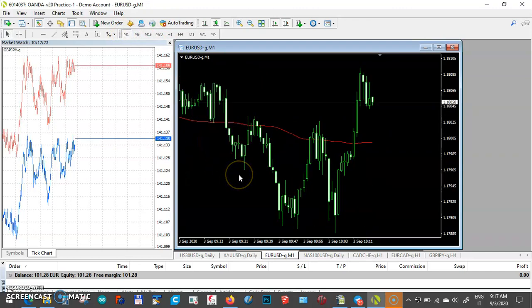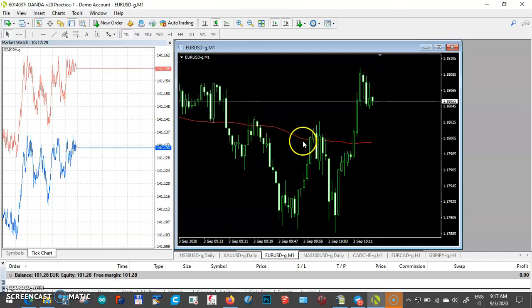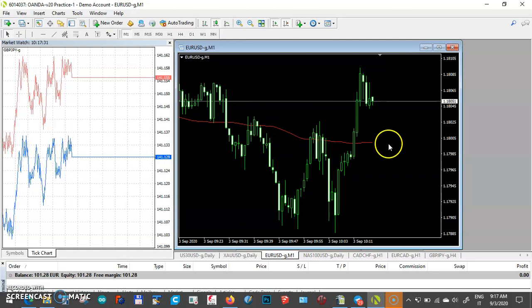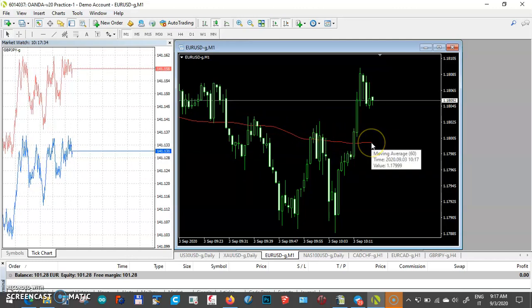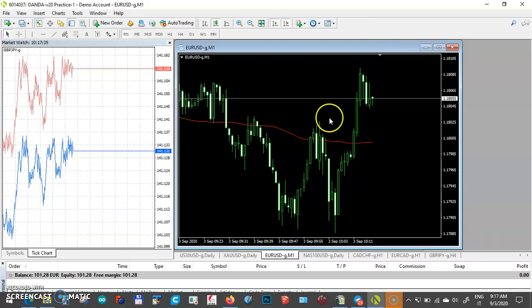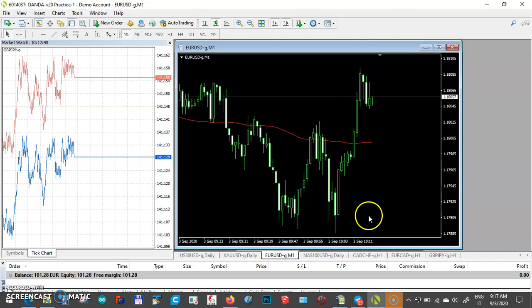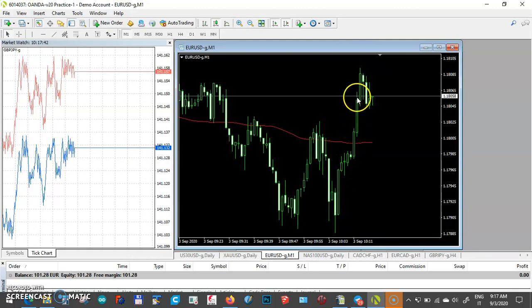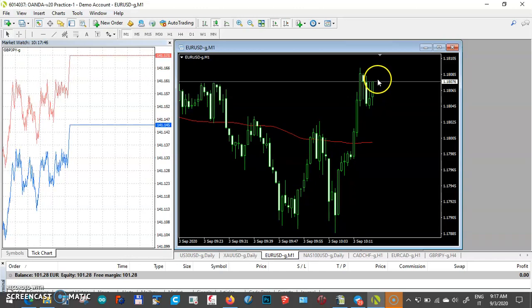In M1, the situation is that the moving resistance of the 50 moving average has been broken one time, retesting this level. Now we're starting to go up.